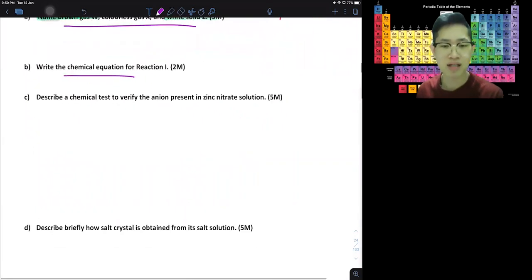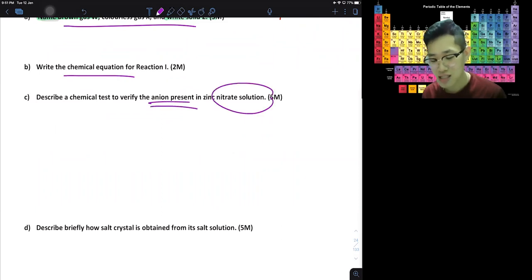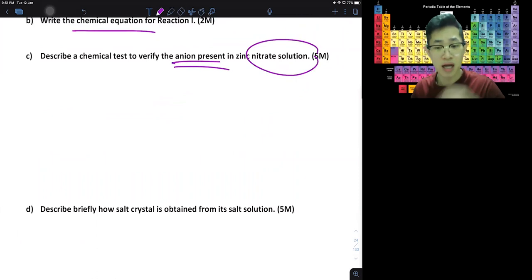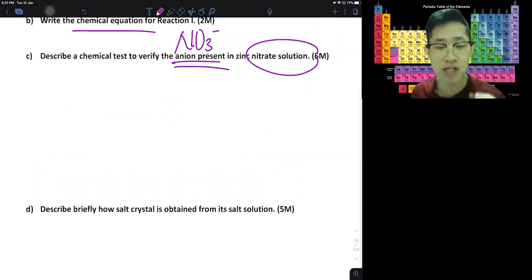Describe a chemical test to verify the nitrate ion present in zinc nitrate solution. Remember the one we did? I asked you to write it on a blank paper. We now want to test the nitrate ion. Let me ask you this question. To test nitrate ion, how many steps do you have?